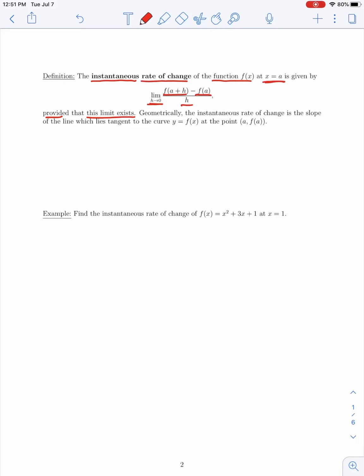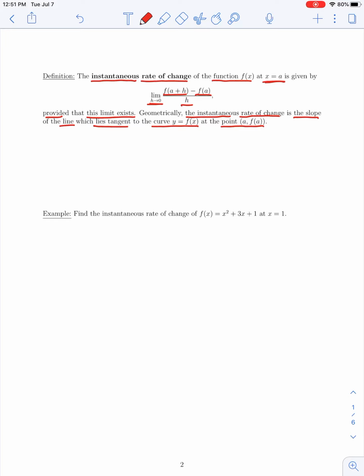So let's think about a geometric interpretation of an instantaneous rate of change and see where exactly this formula is coming from. So geometrically, we would say that the instantaneous rate of change is representing the slope of the line which lies tangent to the curve y equals f of x at a point a, f of a.